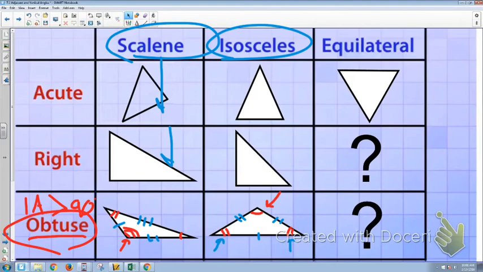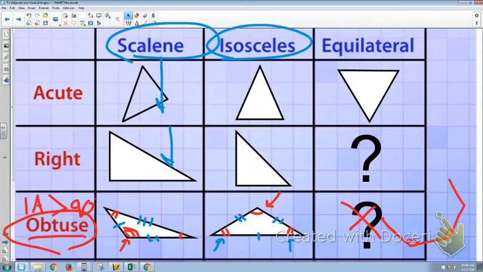Okay. Finally, you get to the obtuse equilateral, and again, darn it all, it just doesn't exist. Try to create an obtuse triangle with three equal lengths and three equal angles, and you would be right in saying that doesn't exist.